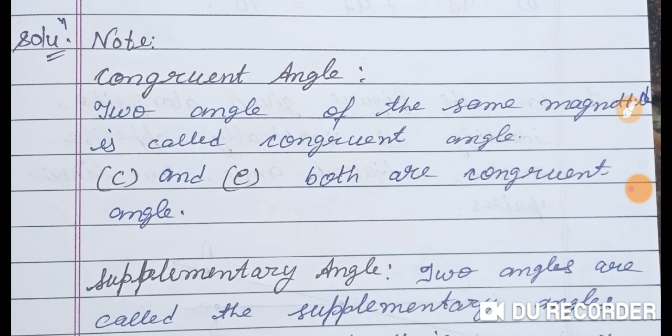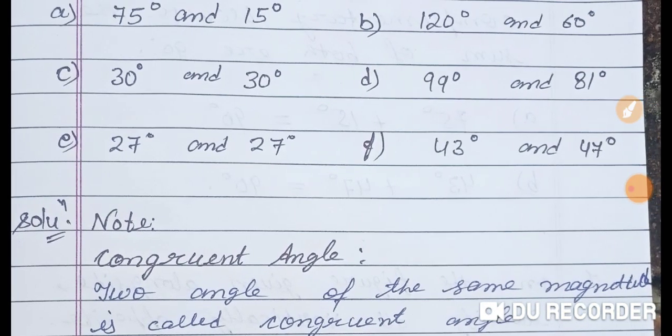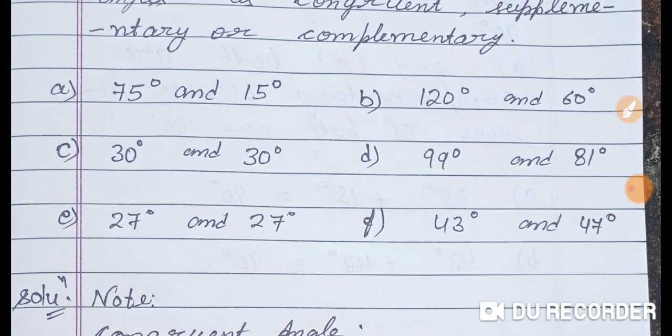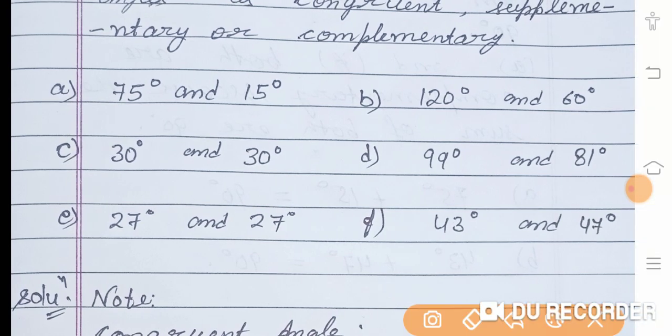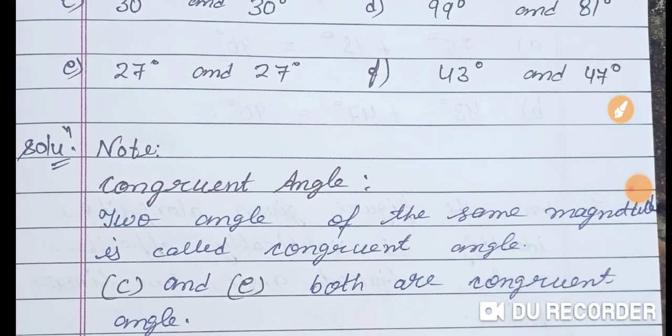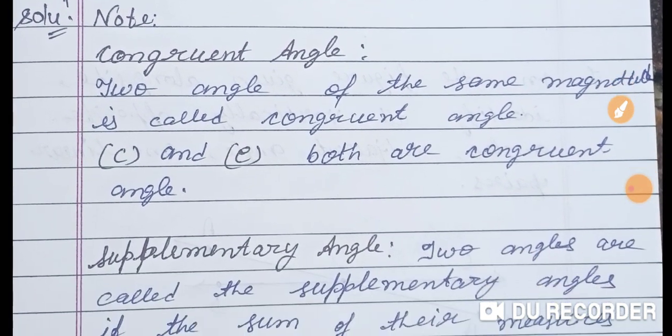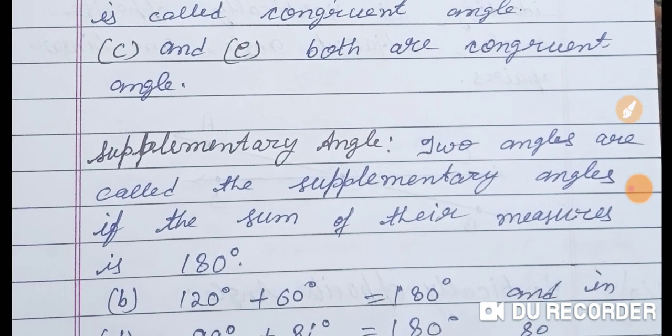So you should find out which pairs of angles have the same magnitude. Please see from here, my dear. This is 27 degree, 27 degree, same magnitude; 30 degree, 30 degree. So these both are congruent angles. Means congruent angles will be C and E, because both have the same magnitude.